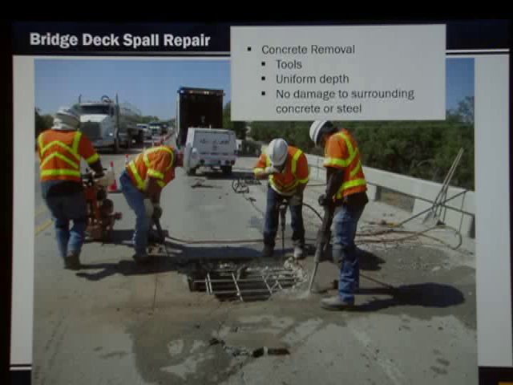So you want to avoid damaging the sound concrete when you're cutting back and breaking back. 30-pound hammers can be used for the bulk of the work, but you want to use 15-pound hammers at the base and at the perimeter. Keep the repair area uniform and avoid damaging the existing reinforcing steel when you're using the saws.